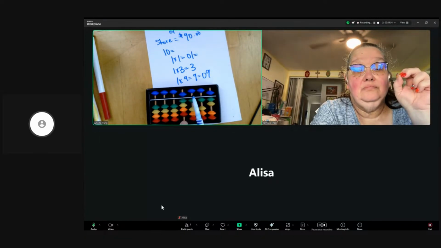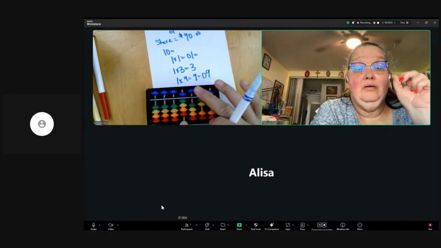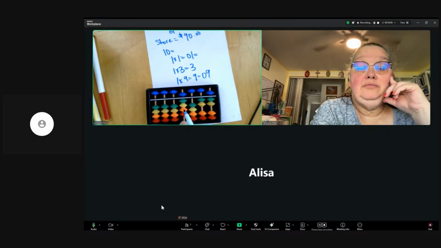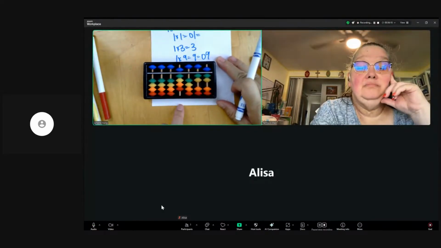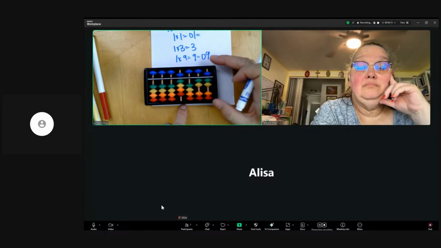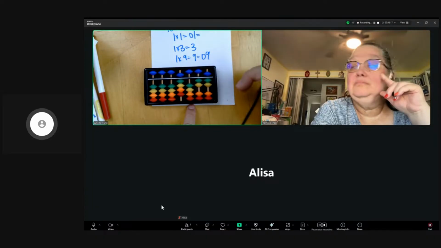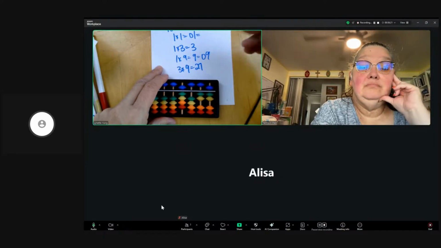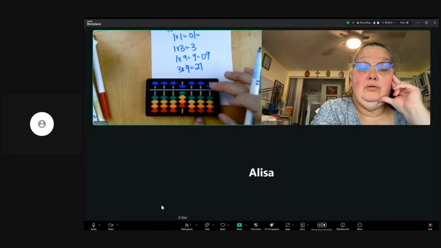So not here, here. Take away 9 is minus the 10 plus the 1. I almost have it. And then we know 3 times 9 is equal to 27. So take away 20, take away 7.